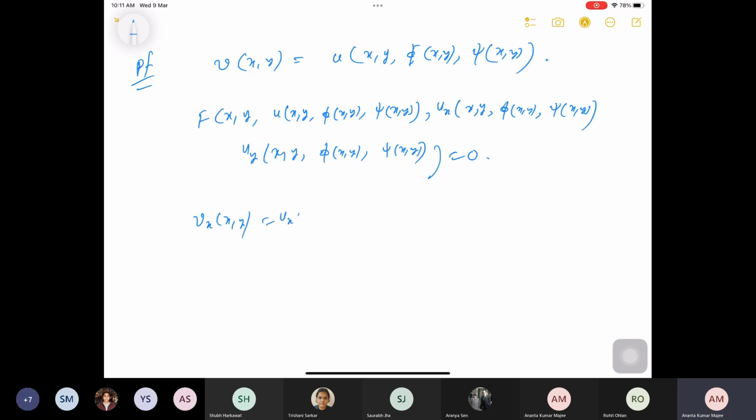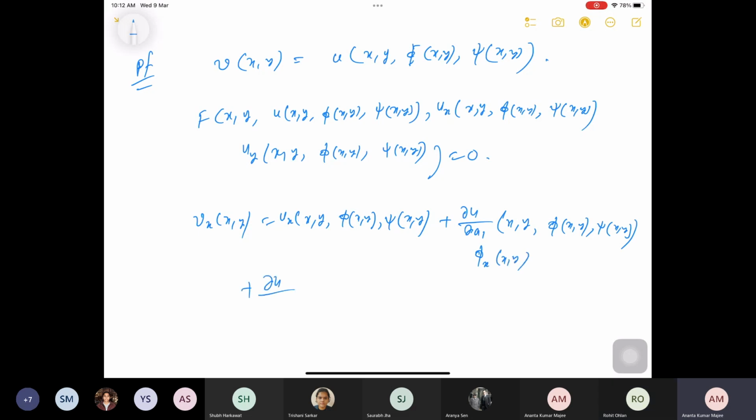If you look at this, it is u_x of x,y, p(x,y), psi(x,y), then plus the partial of u with respect to a1 at x, y, p(x,y), psi(x,y), times p_x of x,y, plus the partial of u with respect to a2, then p(x,y), psi(x,y), and then you have psi_x of x,y.